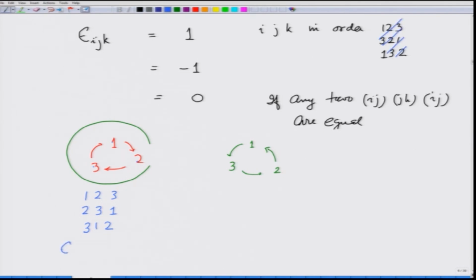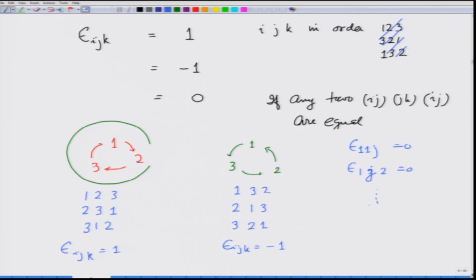Then I am going to have epsilon i j k equal to 1. If I have on the other hand 1, 3, 2 or 2, 1, 3 or 3, 2, 1, then I am going to have epsilon i j k equals minus 1, and epsilon 1 1 j is 0 no matter what j is, epsilon 1 j 2 is 0 and so on.